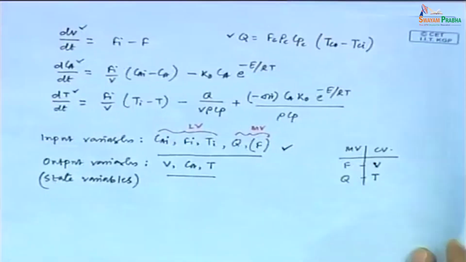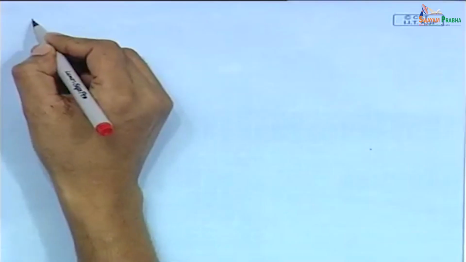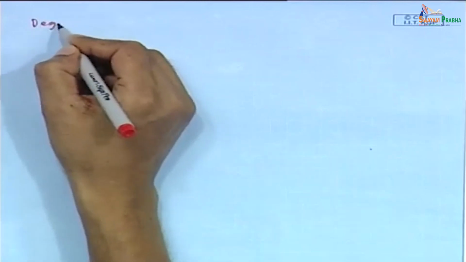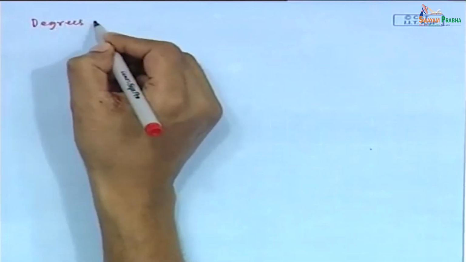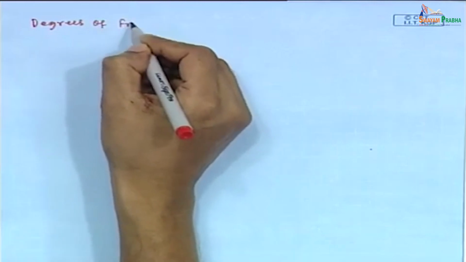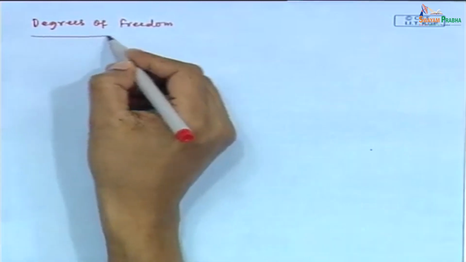Before going to discuss another system, we will study the degrees of freedom analysis. So far we have discussed the modeling of chemical processes.